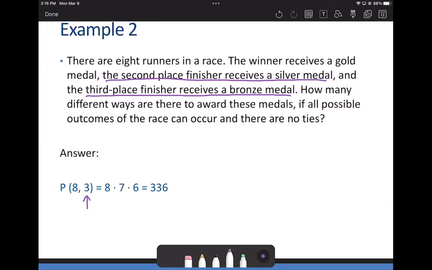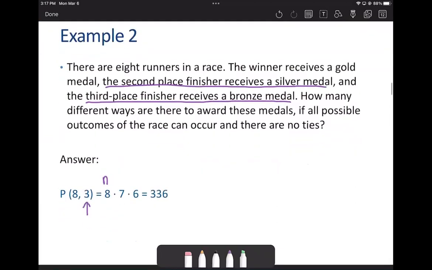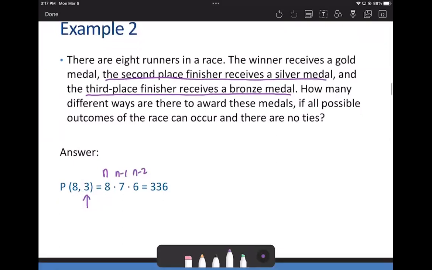So basically we have N ways to select the first winner, which is equivalent to 8. Since we have already selected the first winner, we have N minus 1 or 7 ways to select the second place winner, and N minus 2 ways or 6 ways to select the third placer. And this is equivalent to 336.